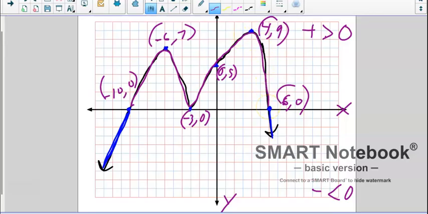If we want to talk about it in set notation, and set notation is when we put the x and use the greater than symbols, less than symbols and such, it's positive when x is between negative 10 and 6. So x is less than 6 and x is greater than negative 10. Everywhere in between is positive.